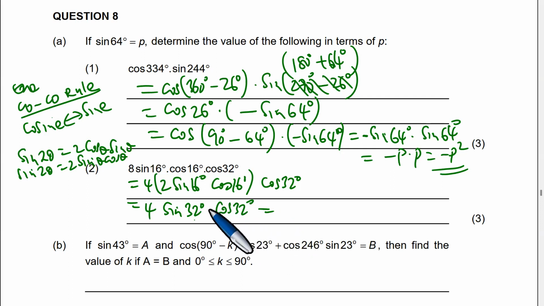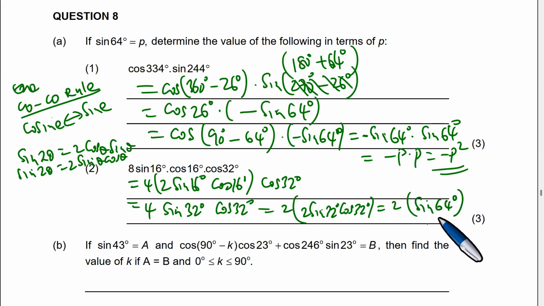So by using this formula, this is 2 into 2 sine 32 cosine 32, which is 2 into the sine of 2 times 32, which is 64. What is sine 64? It's p. So here we just put p, so this is twice p.